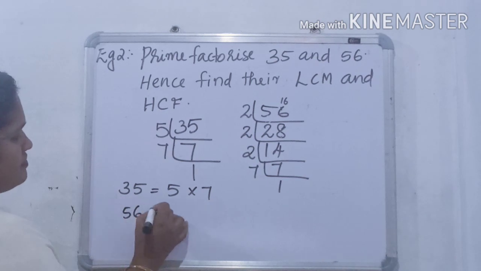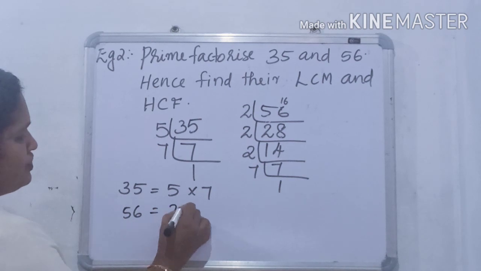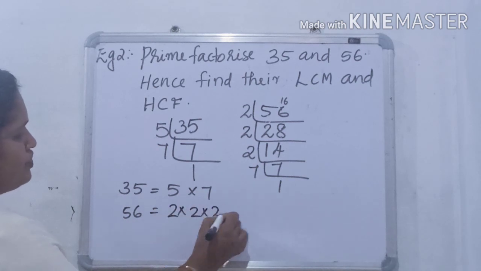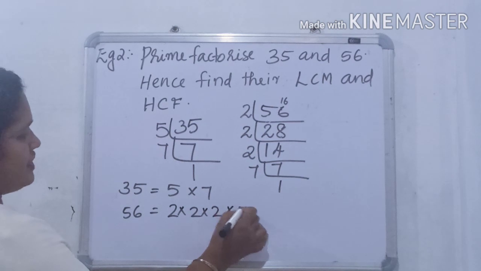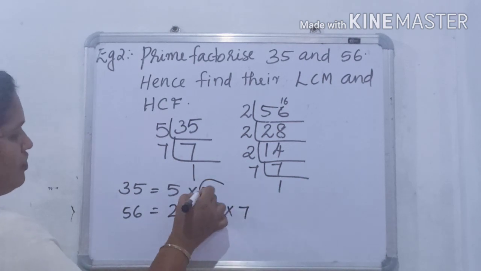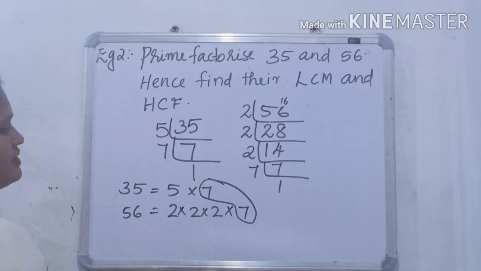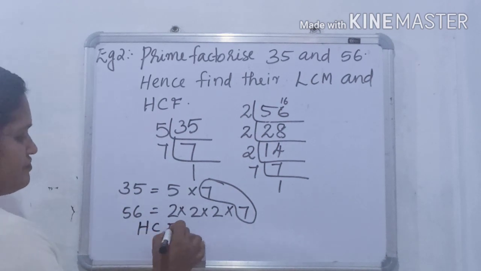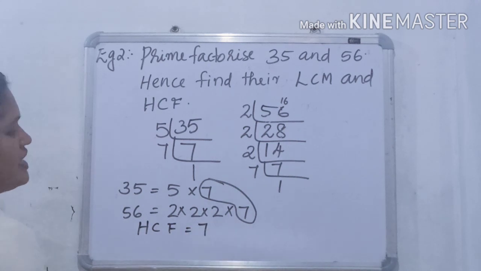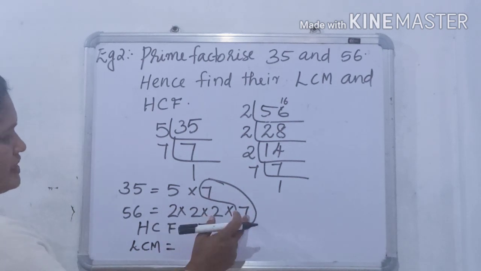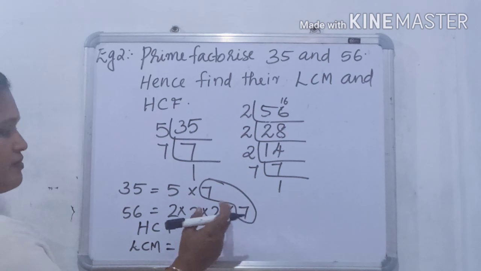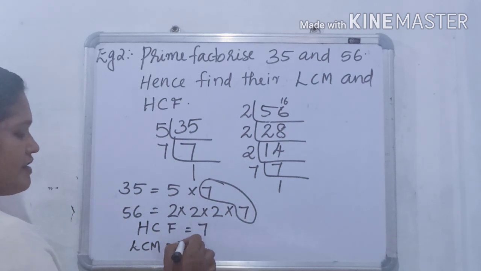56 equals 2 into 2 into 2 into 7. Here only one common factor, 7. So HCF equals 7. LCM equals the most occurrence of 7, which is 1 time.